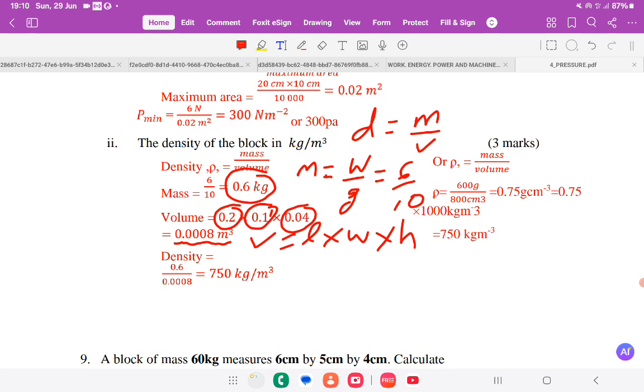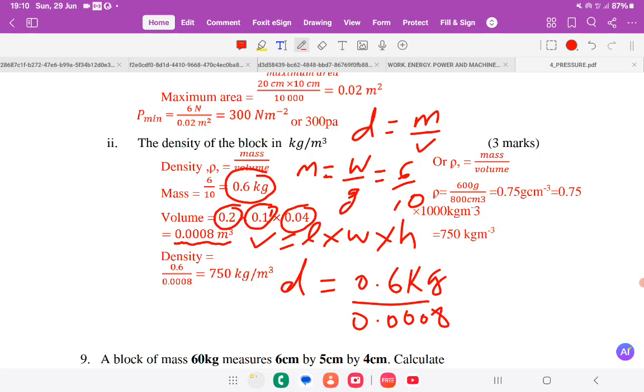Then you go ahead to use your formula for density. So density equals mass, our mass is 0.6 kgs, and our volume is 0.0008.